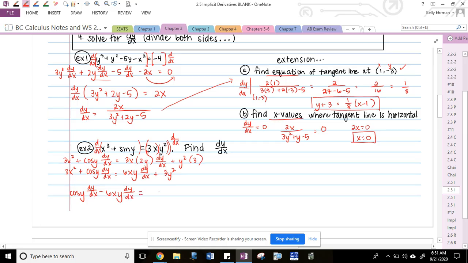Then on the right side, we should still have 3y squared, and we're going to subtract 3x squared from that. Now, if you want to do this in one step, I think that's okay too. You factored out dy/dx, what would you have divided to the other side? So you have 3y squared minus 3x squared over, this would have been cosine y minus 6xy.